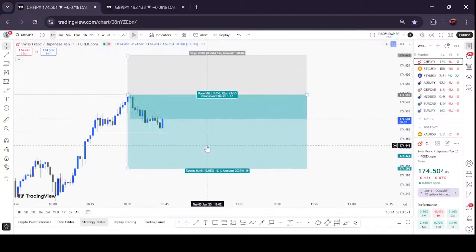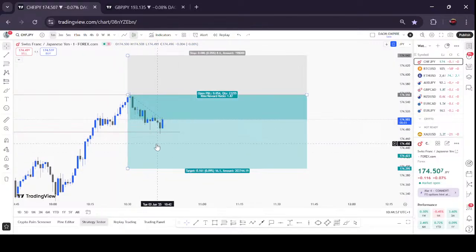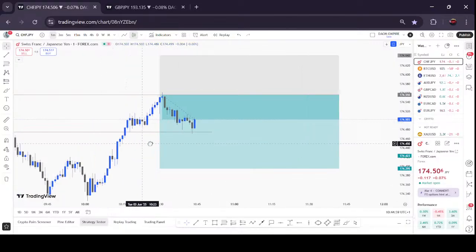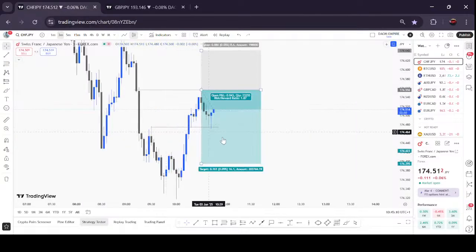You might want to wait, but for me, it has taken out the low I want it to take out. Let's hold on to our trade, ladies and gentlemen.